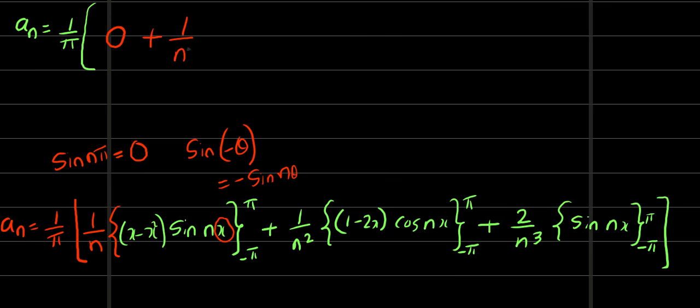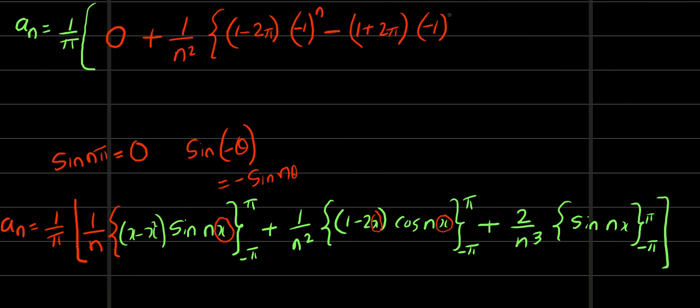Now 1 by n square. Now tell me what will happen when you substitute the upper limit instead of x. I can see x here and here. So 1 minus 2 pi, cos n pi is minus 1 the whole power n, minus 1 plus 2 pi into minus 1 the whole power n.